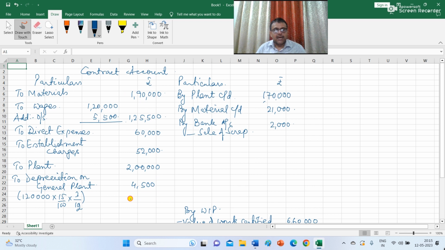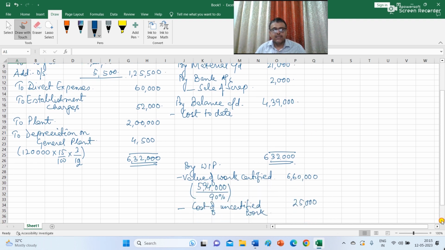So from the first part, we are going to calculate the cost of contract till date. So sum total of debit side is 6,32,000. I am writing it on the credit side also. And the balancing figure here, that is by balance CD, this is the cost to date. This is 4,39,000.